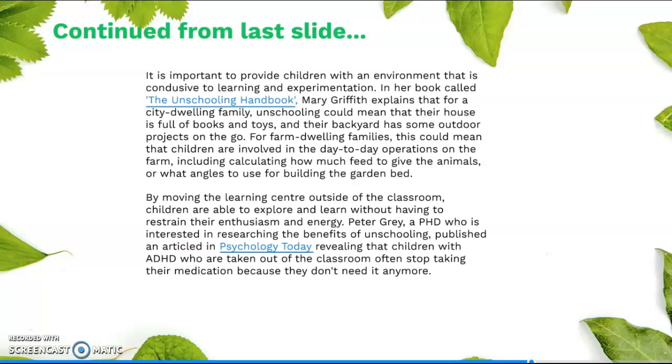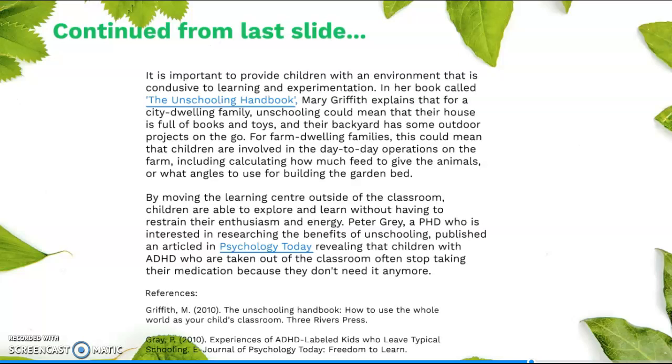By moving the learning center outside of the classroom, children are able to explore and learn without having to restrain their enthusiasm and energy. Peter Gray, PhD, who is interested in researching the benefits of unschooling, published an article in Psychology Today revealing that children with ADHD who are taken out of the classroom often stop taking their medication because they don't need it anymore.